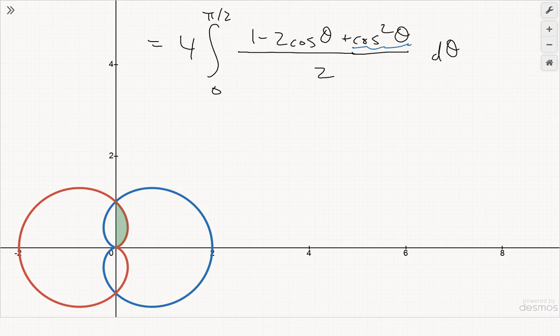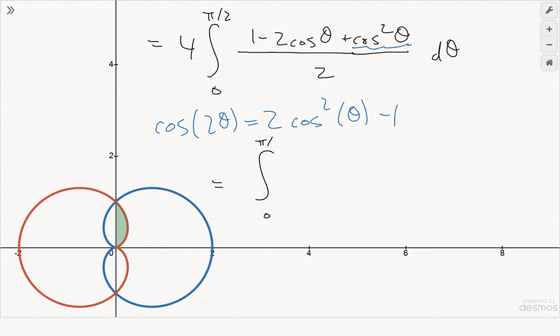So remember that cos 2 theta is equal to 2 cos squared theta minus 1. So we can rewrite our integral as the integral from 0 to pi over 2.